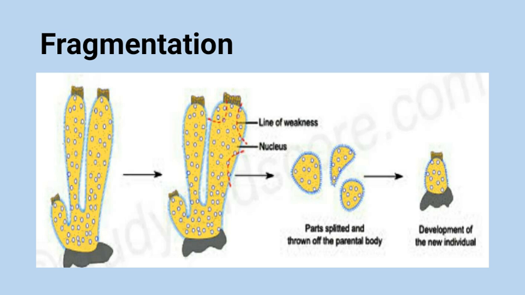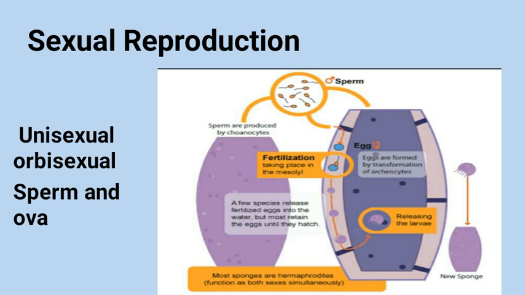Fragmentation means that the organism breaks into fragments, and each fragment is capable of growing into an individual sponge. So regeneration and fragmentation are some of the methods by which Porifera reproduces.